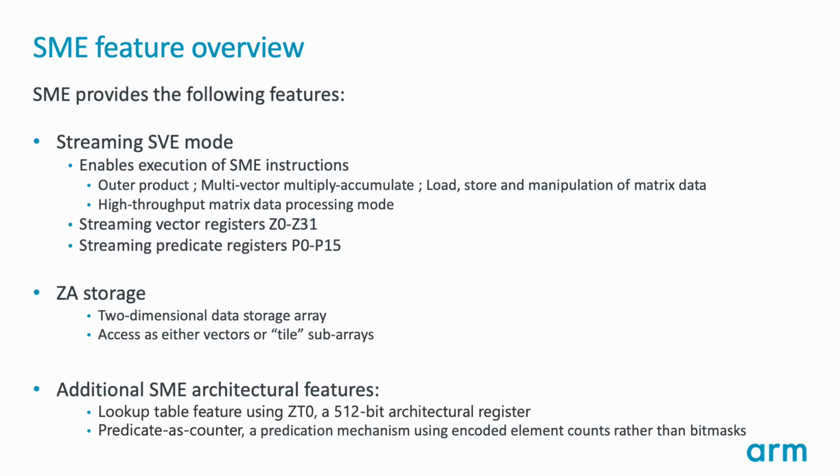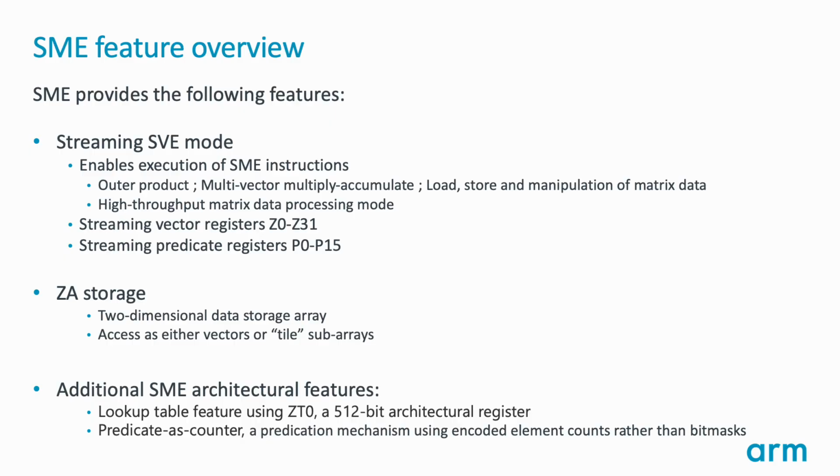Key architectural features of the SME architecture are summarized in this slide. The SME architecture introduces two powerful execution modes in the AArch64 execution state that can be controlled by the application software. One is the streaming SVE mode, which enables the execution of SME instructions.